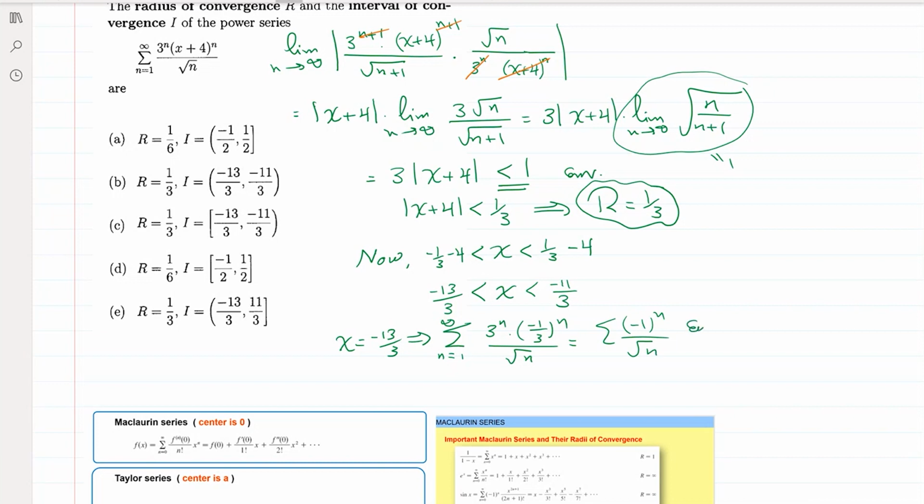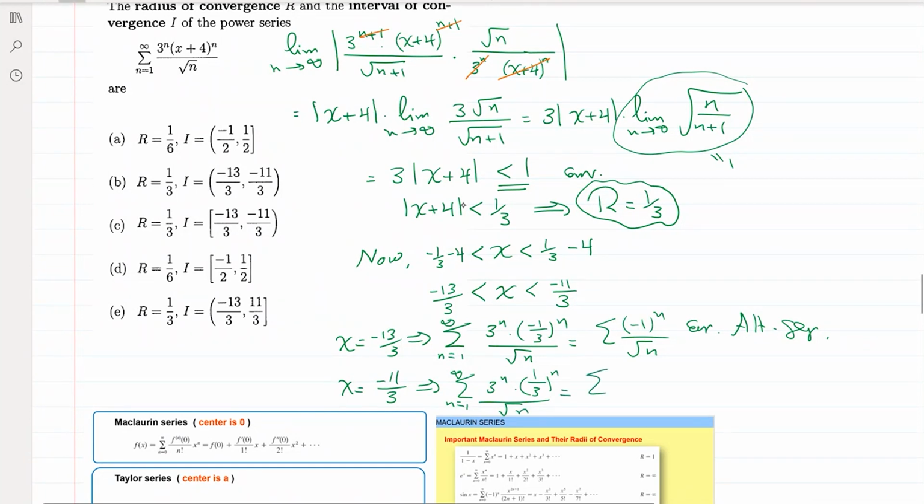This is a convergent alternating series. So at x equal to minus 13 over 3, it is closed. Now at x equal to minus 11 over 3, if you substitute it, it will be the sum from n equals 1 to infinity of 3 to the power n times (1 over 3) to the power n over root n, and this equals the summation of 1 over root n, which is n to the power of half, a divergent p-series.